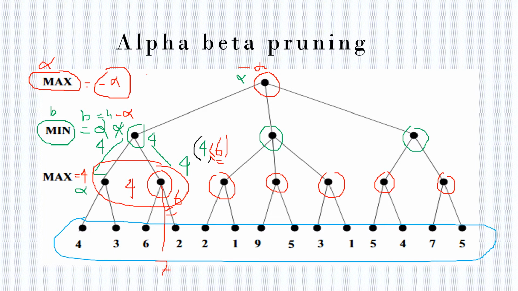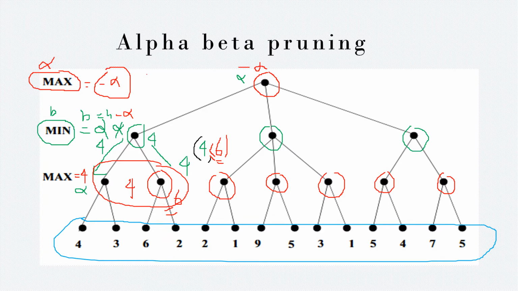If there is a value less than 7 or 6 or less than 4, the max will not select that value, but it will select the max value. At this point, the value of min will not be affected whenever max gets a value equal to or greater than beta. Hope you have understood it.